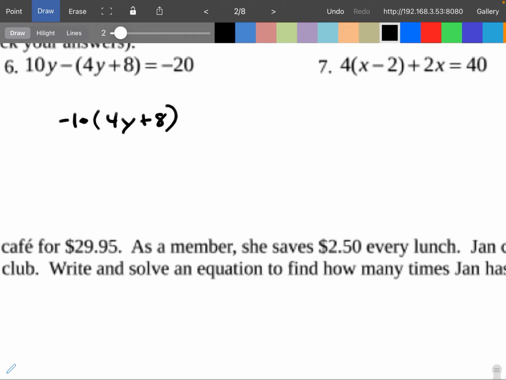So what would you have to do there? It's one of those properties we had. Was it associative, commutative, distributive, like terms? It's distributive, yeah. So that negative in front of those parentheses, you've actually got to distribute that. So it's going to be like a negative 1 times the 4y and a negative 1 times the positive 8, like that.